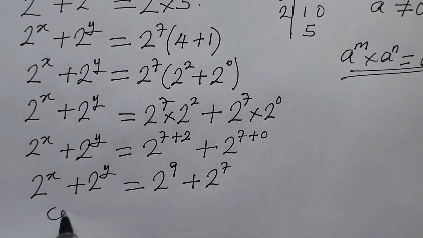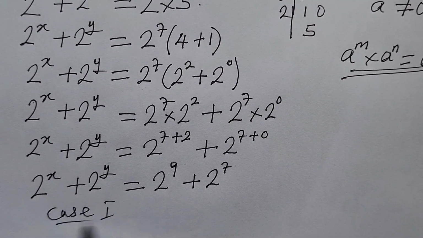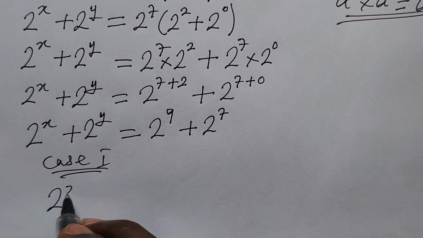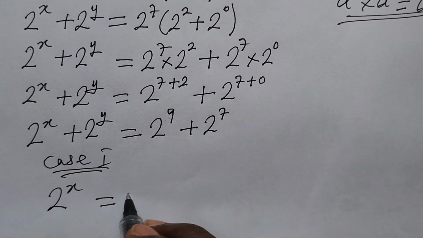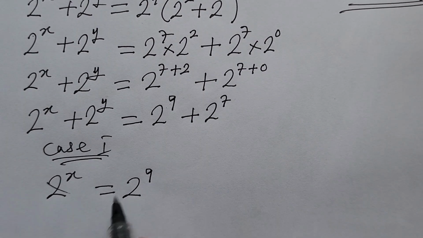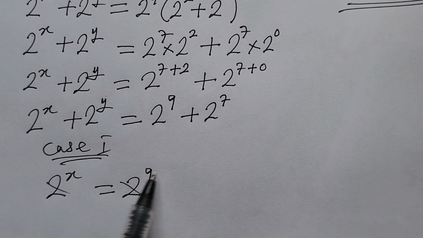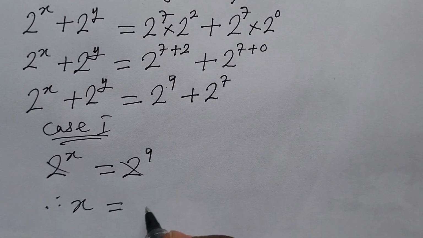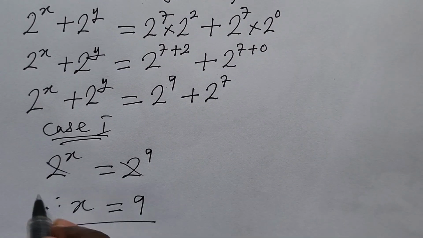So we take case one. We're going to have 2 to the power of x equal to 2 to the power of 9. So the bases are the same, so we can equate the exponents. Therefore, x is equal to 9.